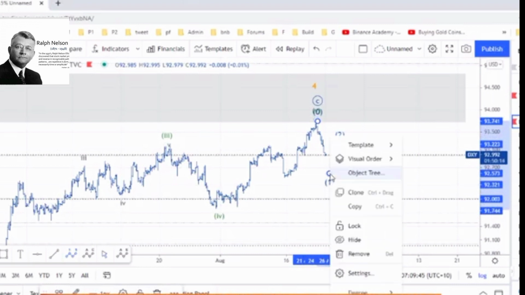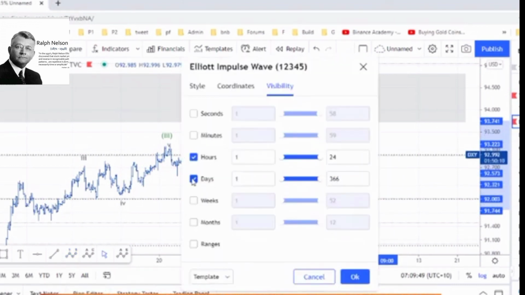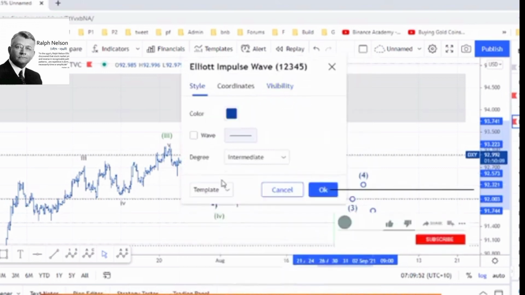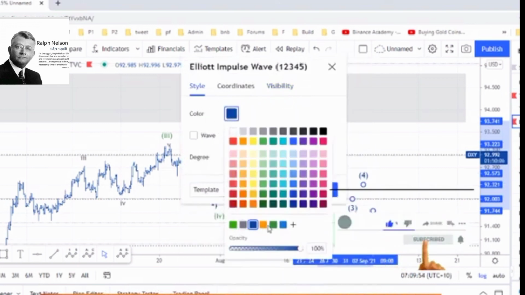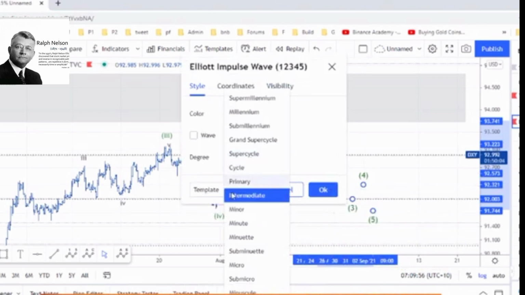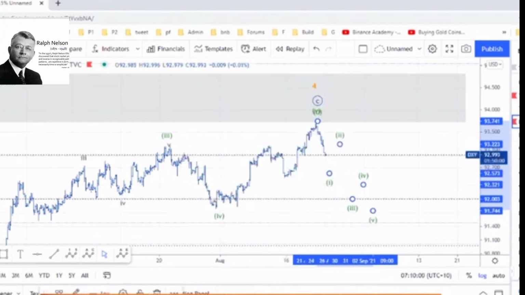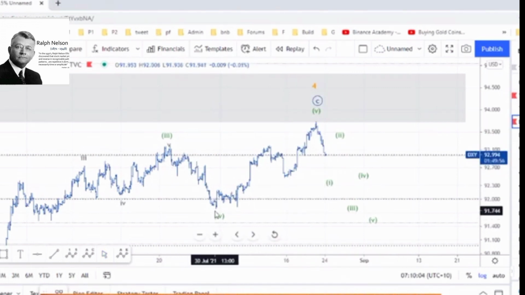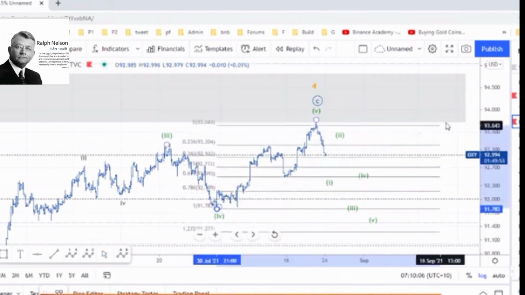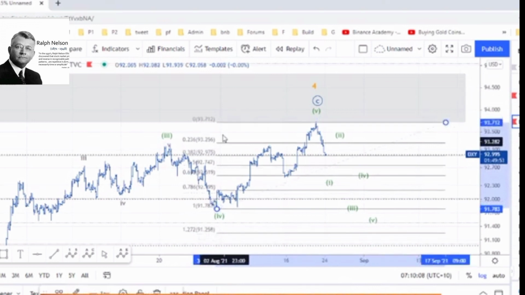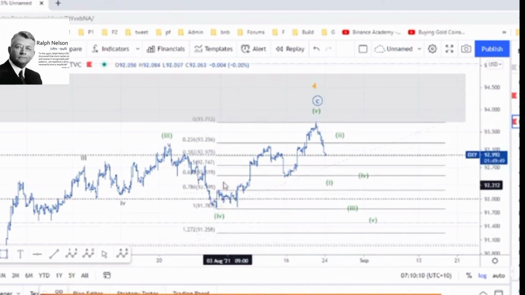But that's, well, we're just here, so we'll either need something like that, or we'll need to see a breach of at least this trend here. So that is the 50-60% retracement level.